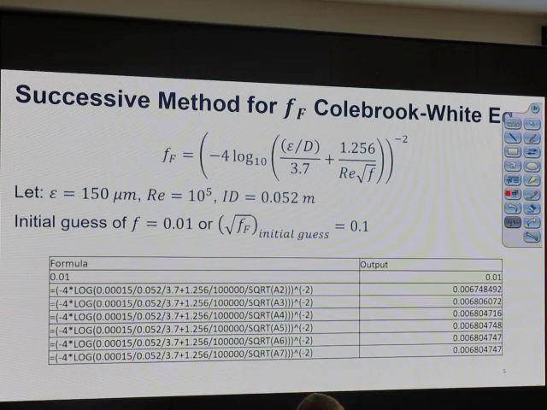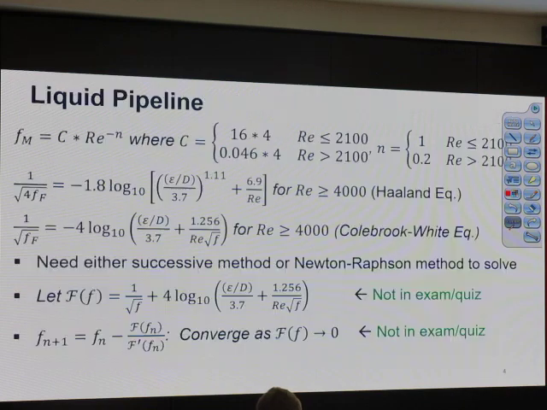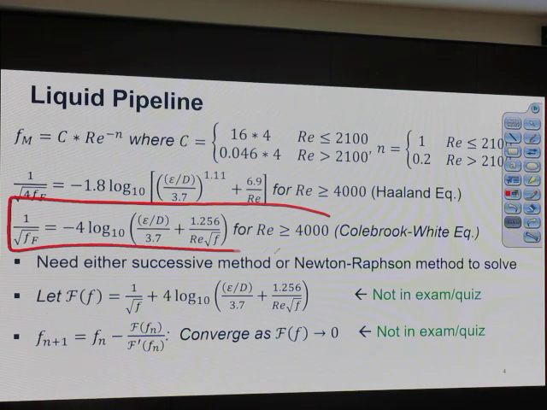That requires an initial guess. If I do initial guess of friction factor equal to 0.01, I can rearrange my equation. You see this equation? This equation is the same as that equation. It's exactly the same thing. Okay? I rearrange it.